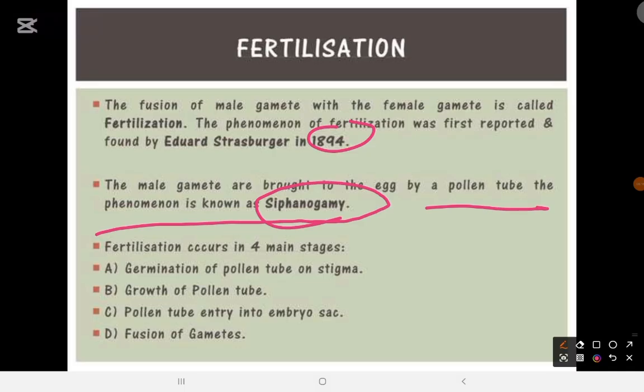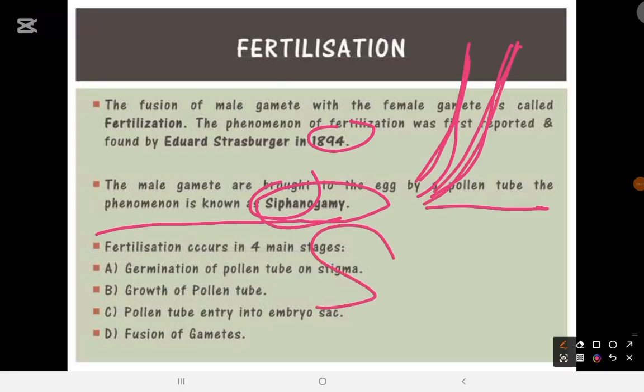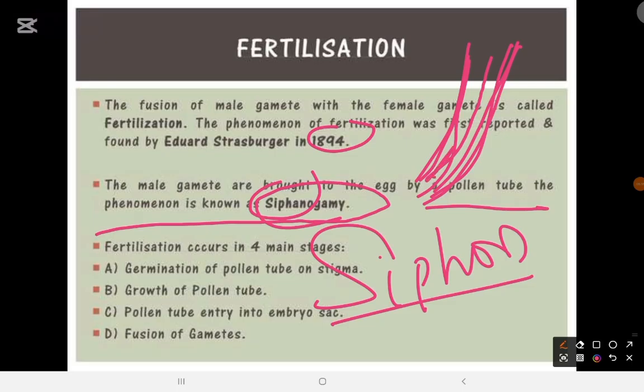It's called siphonogamy because the word siphon refers to a tube, so it has the same origin as the word siphon. It's talking about how the pollen tube grows towards the direction of the female eggs. So that is what we call siphonogamy.